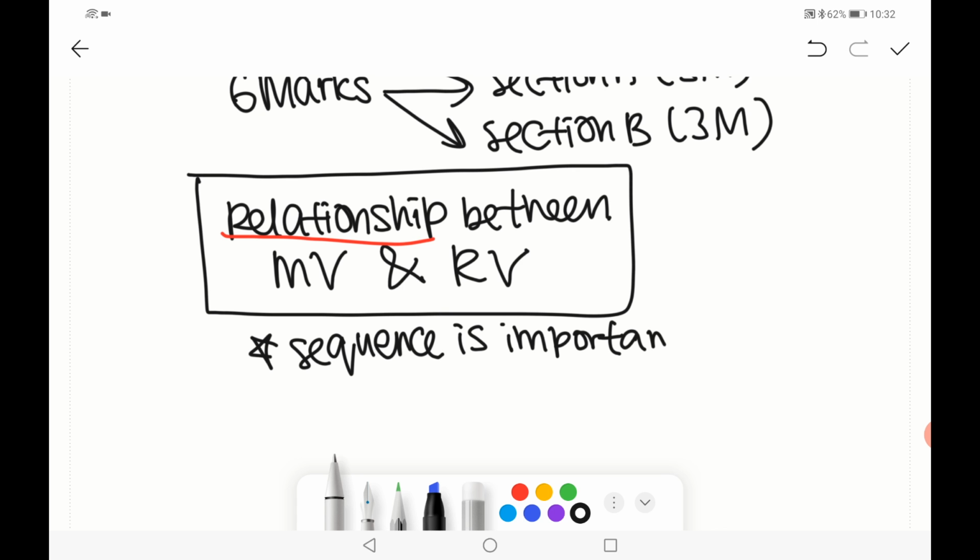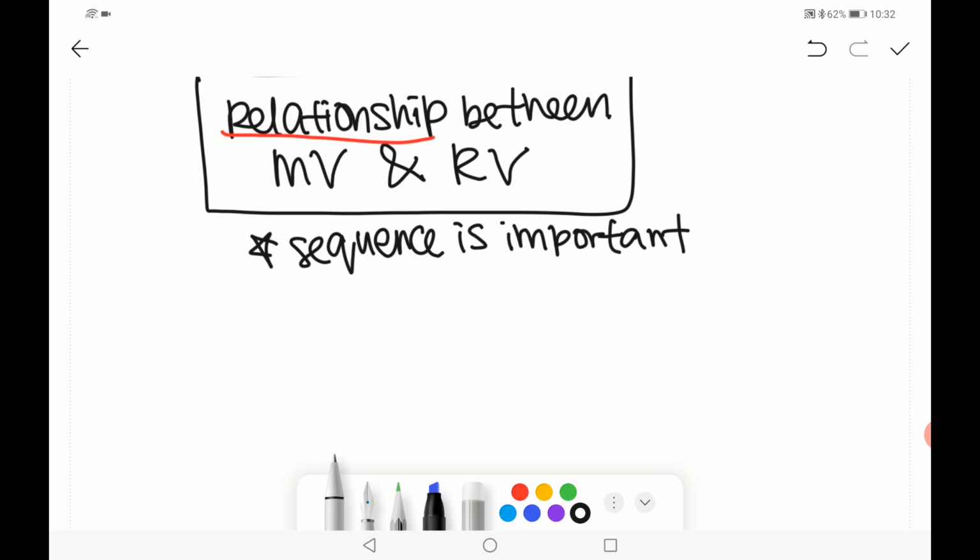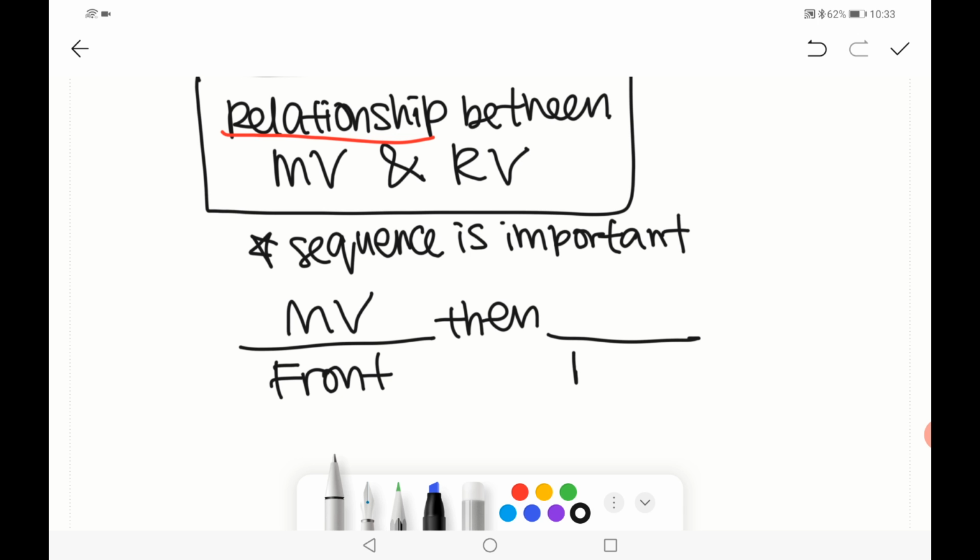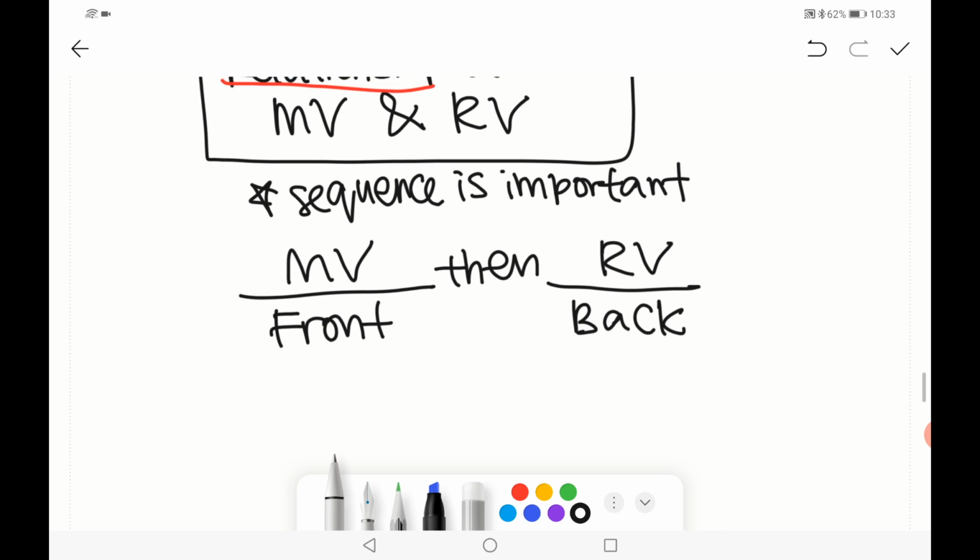When you write the hypothesis, always make sure the front part has the manipulated variable, and only then the back part talks about the responding variable. The sequence is very important.